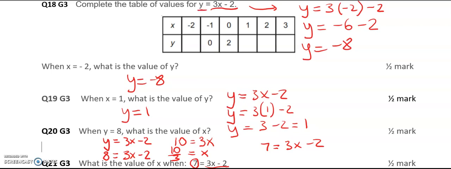What's changing is that there is a given value for y, which happens to be 7. So we've got to work out the value of x. So that means now we need to add to both sides. So this becomes 9. 9 is equal to 3x. So x must be equal to 9 divided by 3, which is 3. So x is equal to 3.